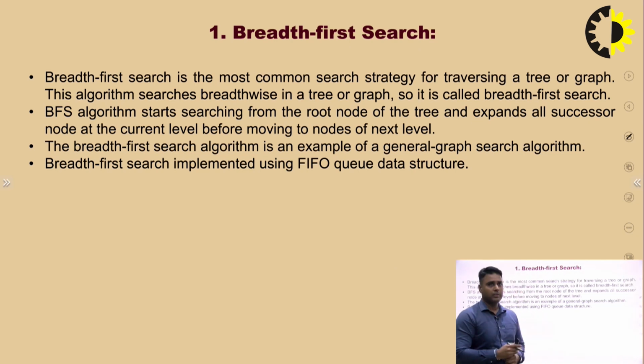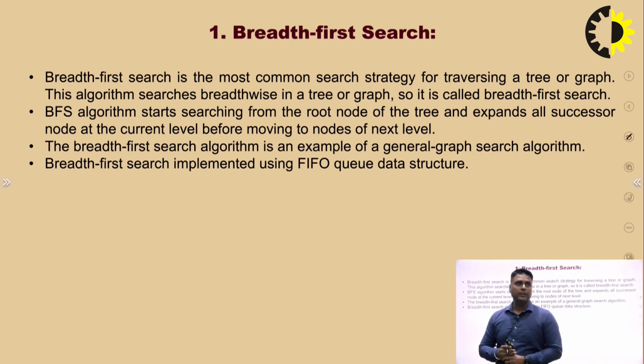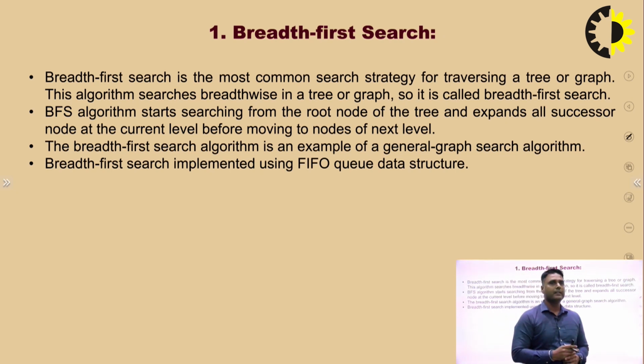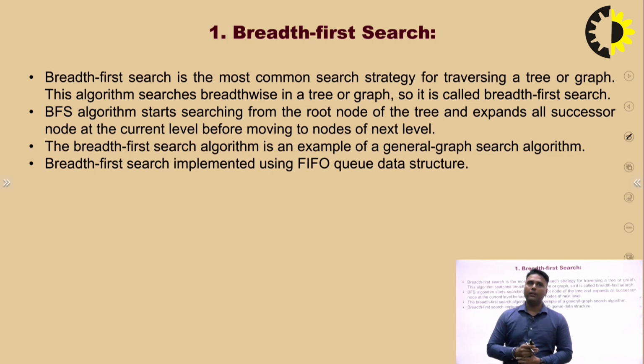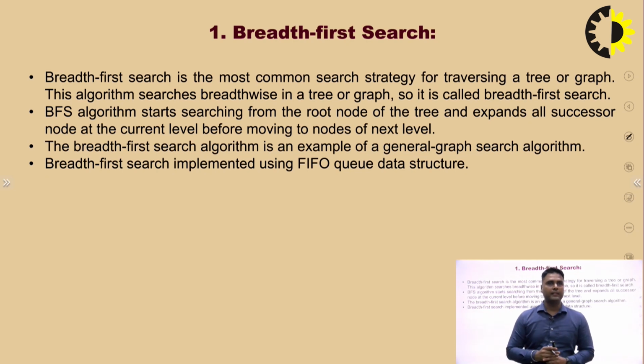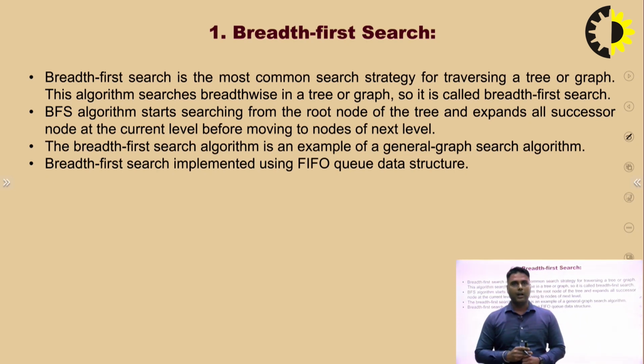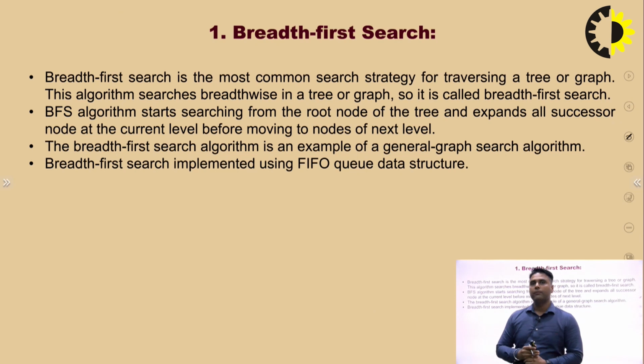Here are some points, so I will read them out. Breadth first search is the most common search strategy for traversing a tree or graph. These algorithms search breadth-wise in a tree or graph, so it is called breadth first search.